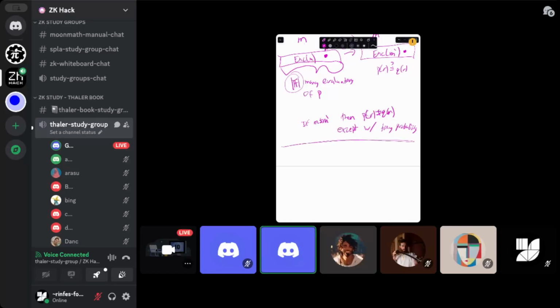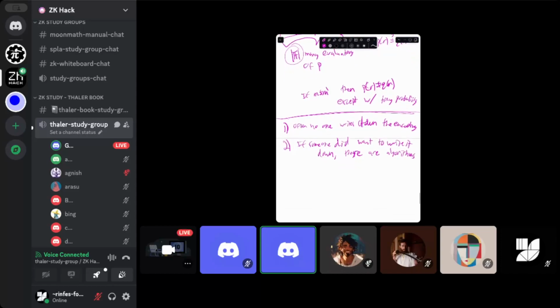So there are two more things I want to say. Any questions? Okay, so one, often no one writes down the whole encoding when you're designing SNARKs. But two, if someone did want to write down the encoding, there are algorithms to do that, and I'll state that in a second.